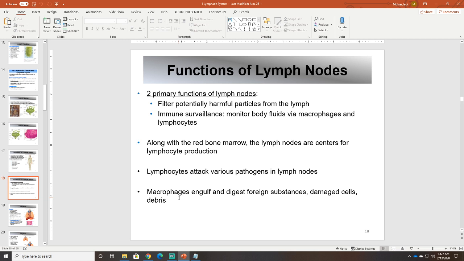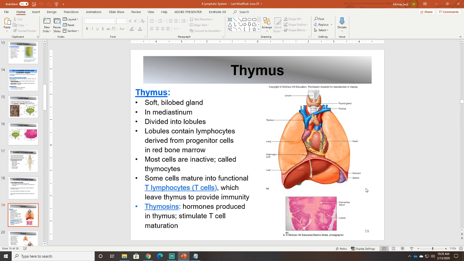So this is way back in the blood chapter, but a different cell line, also starting in the bone marrow, though. These macrophages surround and phagocytize, in other words, eat foreign substances, cellular debris, damaged cells, and they'll also eat bacteria and fungi and try to destroy them.